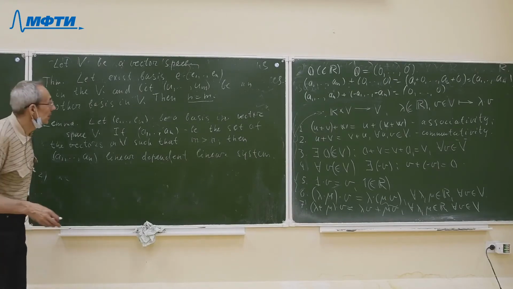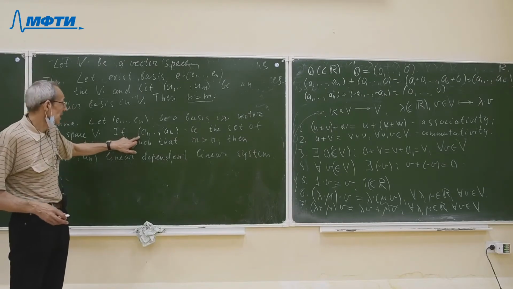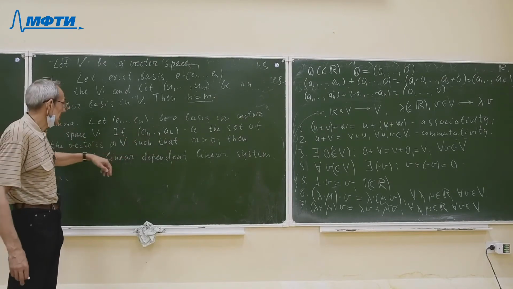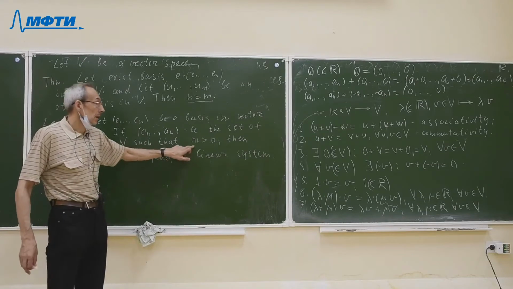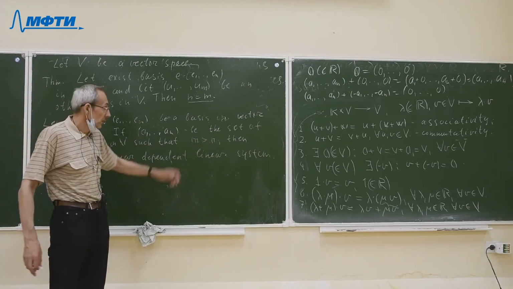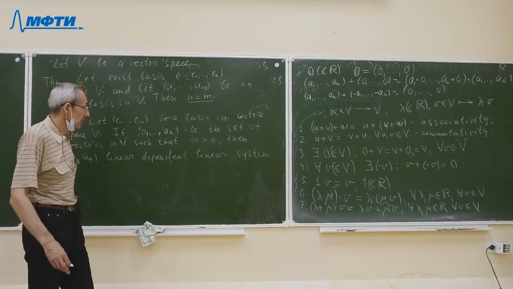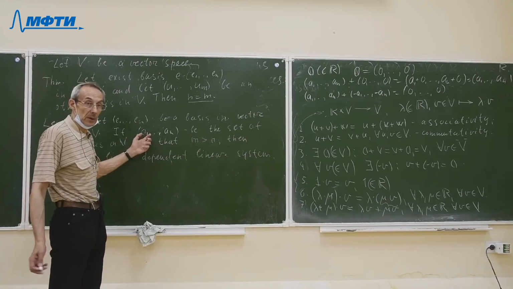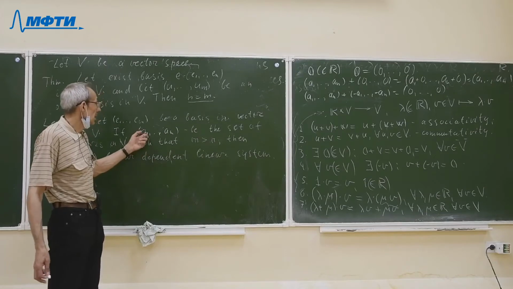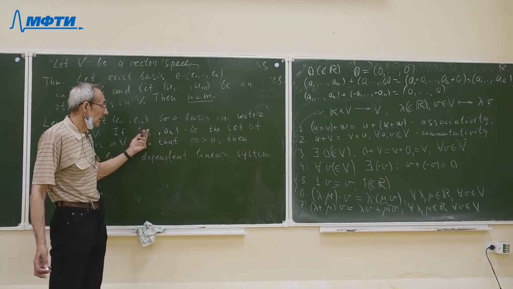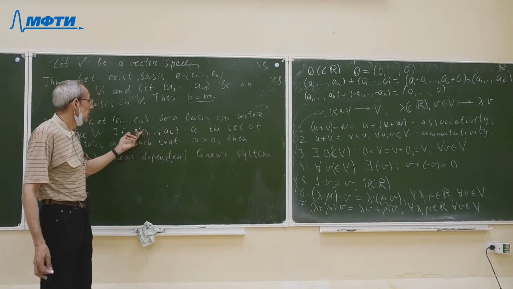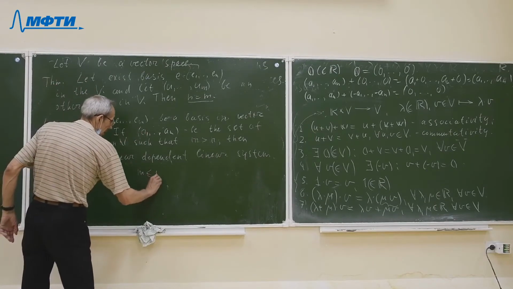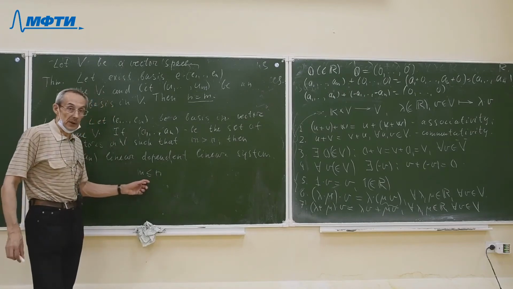If we have two bases, let a1, ..., am be a basis, and e1, ..., en also a basis, and suppose m greater than n. We obtain a contradiction because this system is linearly dependent. And from this lemma, we easily obtain that m is less than or equal to n.